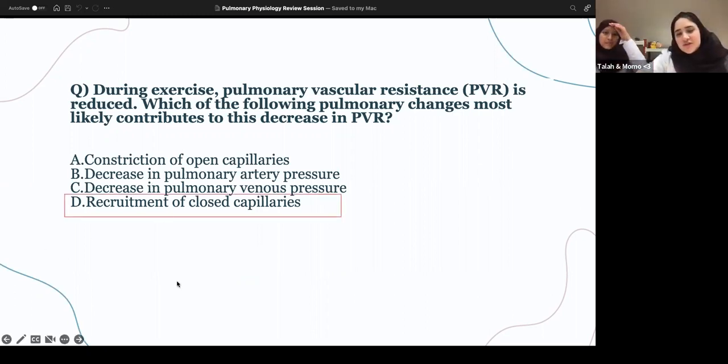So the recruitment of closed capillaries would cause a decrease in resistance because we're increasing the surface area. And the pulmonary pressure would increase because you're having more blood flow and more perfusion. So the total capillary area of the lung is increasing. So basically, the pulmonary vascular resistance is going to decrease.